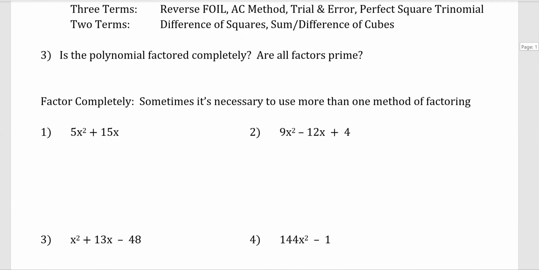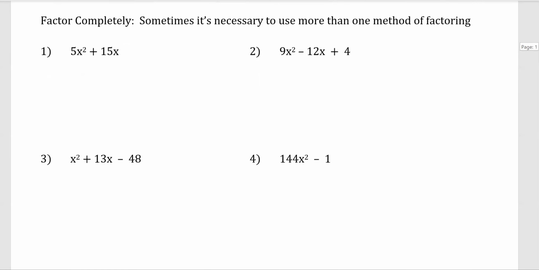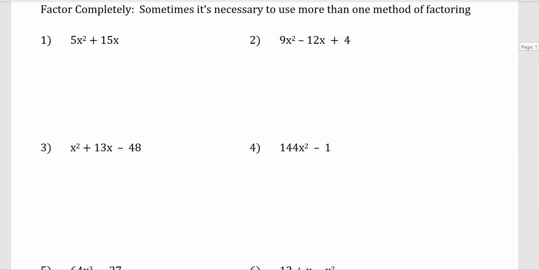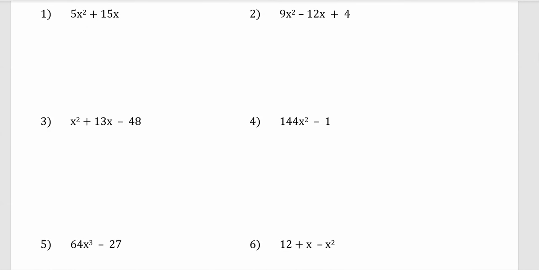And finally, you want to make sure that your factors are all prime. In the following examples, I will factor completely. There's a note that sometimes it is necessary to use more than one method of factoring. So let's get started.